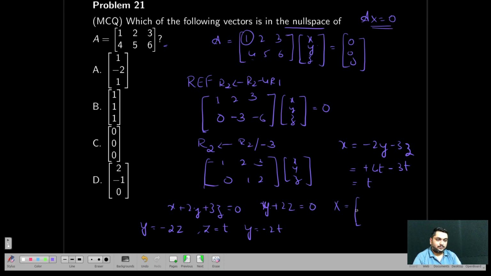X is equal to t into 1, minus 2, and then I have z as 1. So 1, minus 2, 1 is the answer. So the following vector is in the null space. Null space contains 0 also. Column space doesn't contain 0 vector. Please remember this point. So A, C, both are the answers.